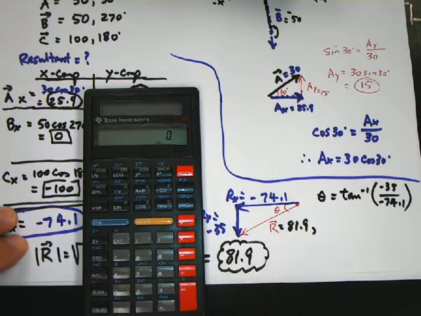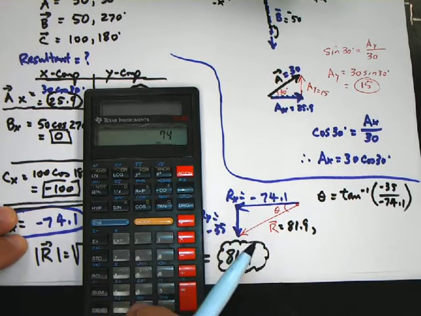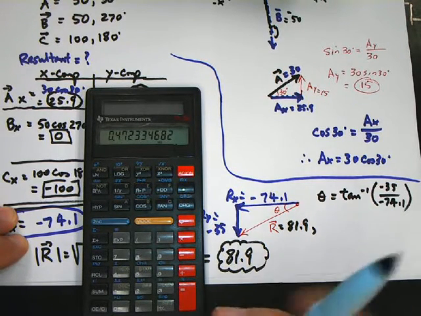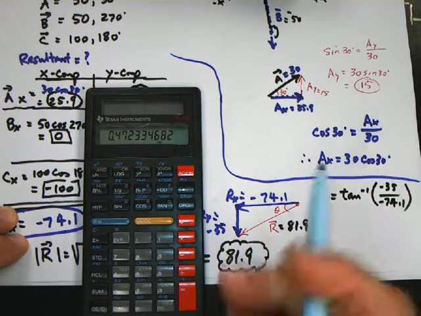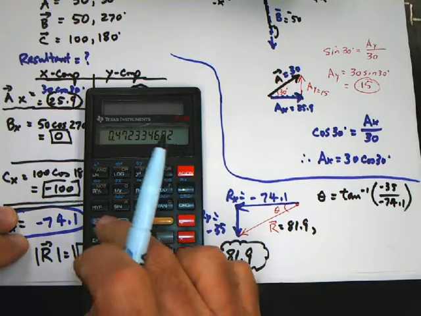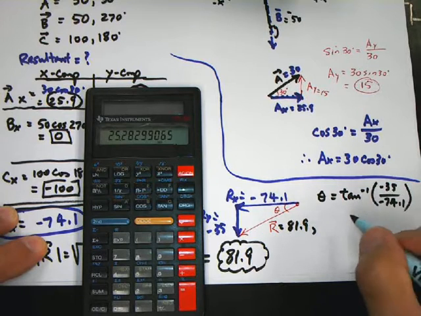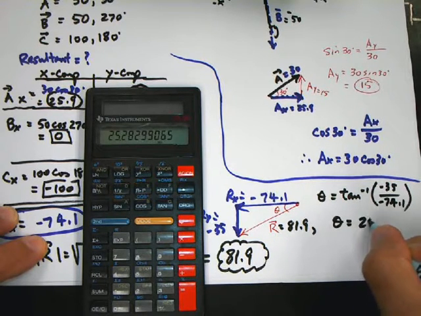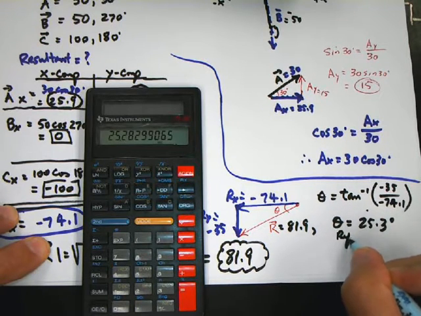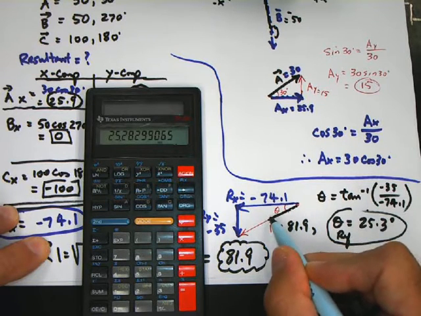Let's see what we get for that. I'll get my ratio here, 35 divided by 74.1. That's 0.47, and now I'll get the inverse tan, tan negative 1, using the second function, and it comes out to be 25.3 approximately. So the angle is 25.3 degrees.